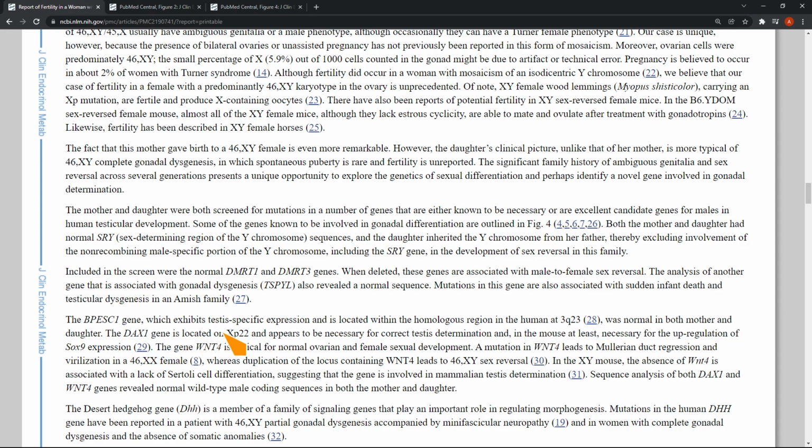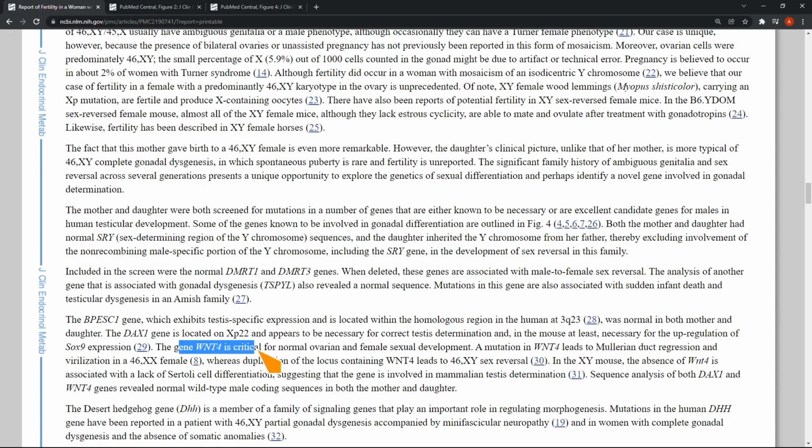So this means if this gene is there and correct, then you would expect to find, along with other markers, of course, that testes would develop in utero. And again, this gene also upregulates another gene they looked at. I'm not sure what the SOX9 gene is. I assume it has something to do with sexual development.